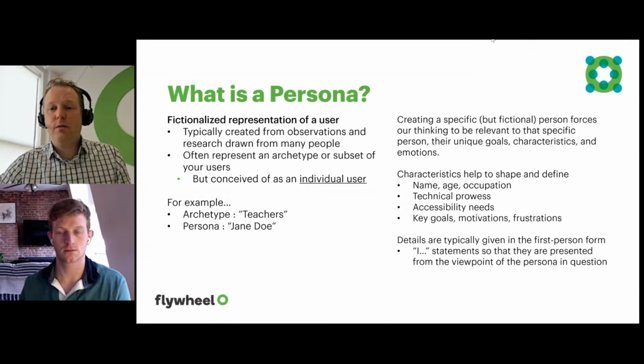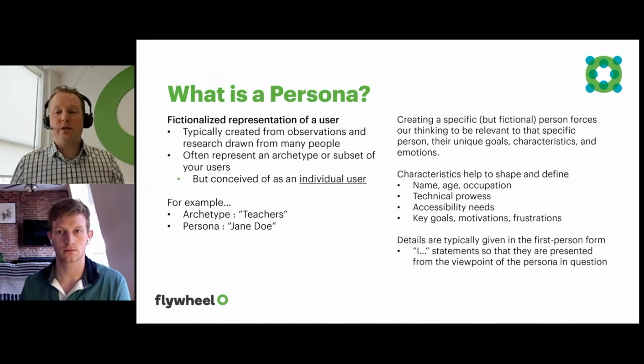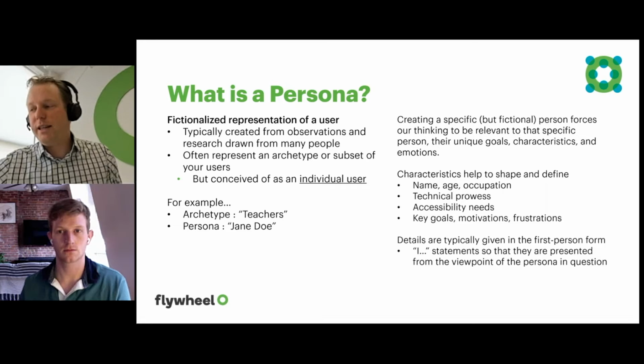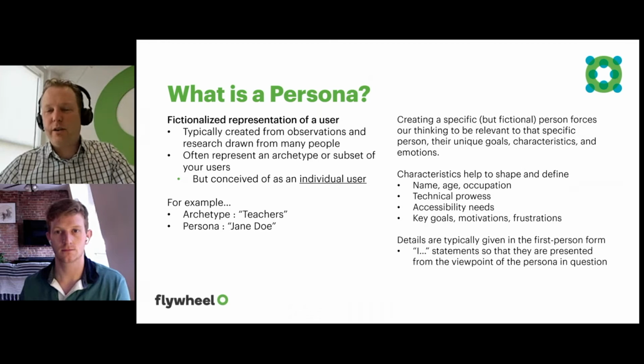You want to create a specific but fictional person so that it forces you to really put yourself into that headspace. It's really easy to say, oh yeah, my target audience is financial advisors, and to assume you understand what that means.